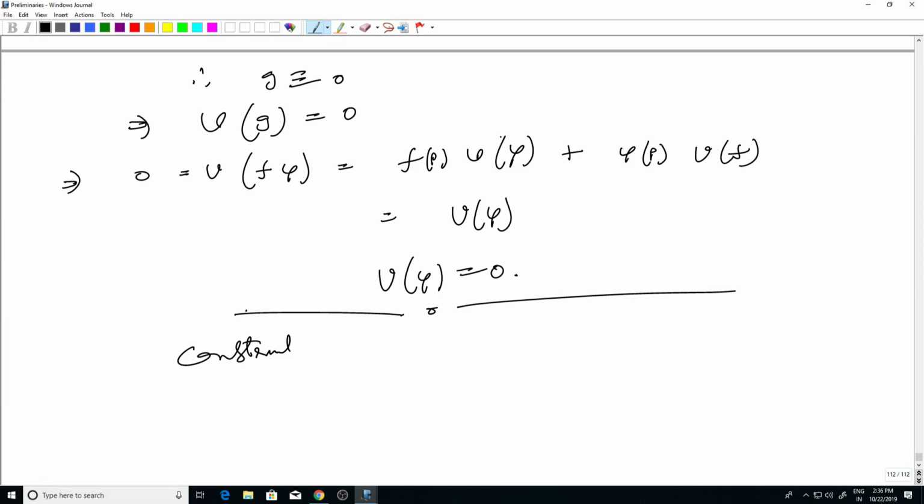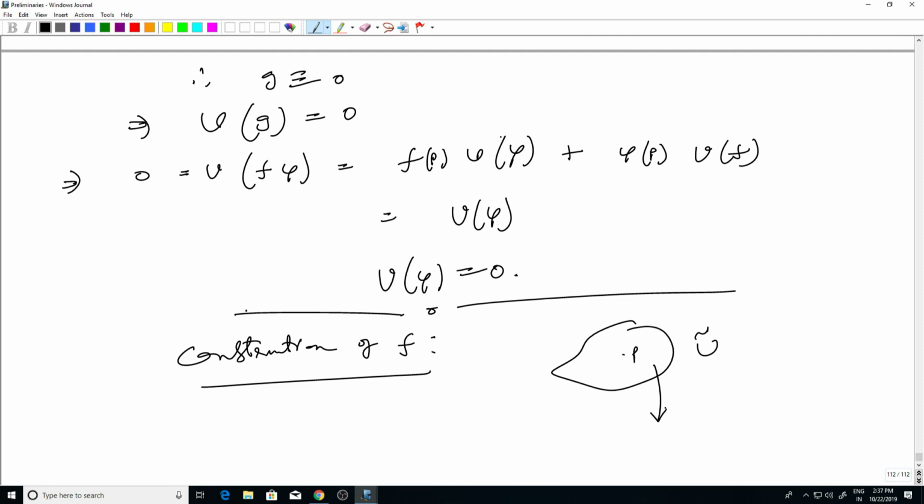Construction of f. Well, we had a chart U tilde and a point P, and now I've used phi in a different sense here.